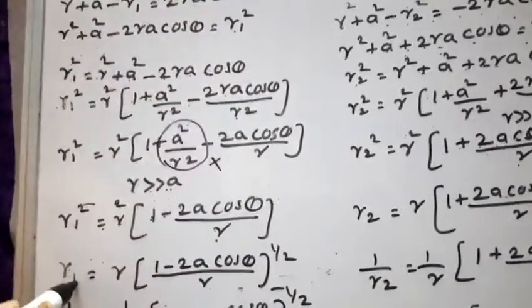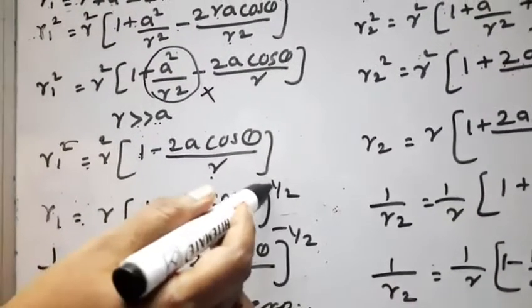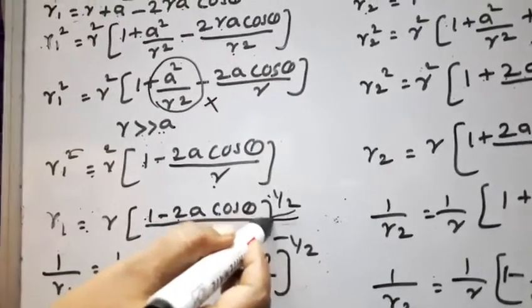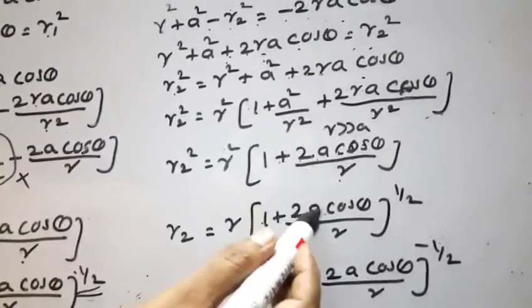Therefore, R1 equal to R into 1 minus 2A cos theta by R whole to the power of 1 by 2. And here R2 equal to R into 1 plus 2A cos theta by R whole to the power of half.